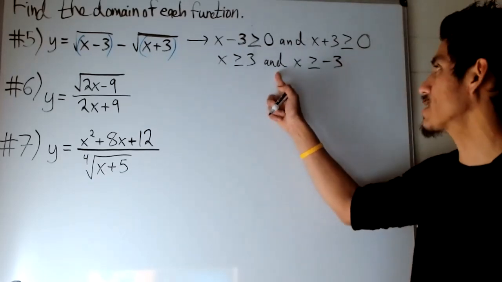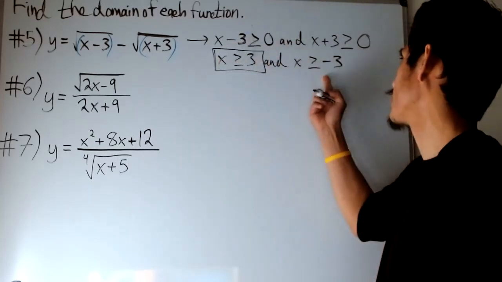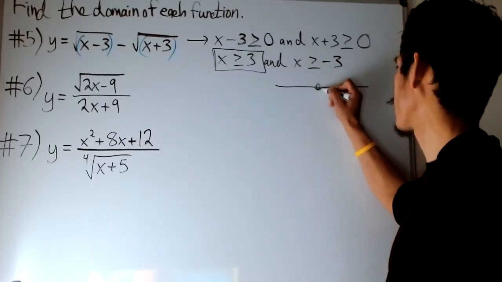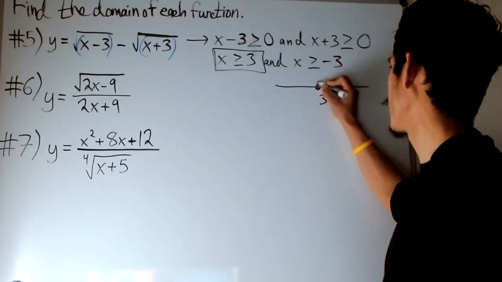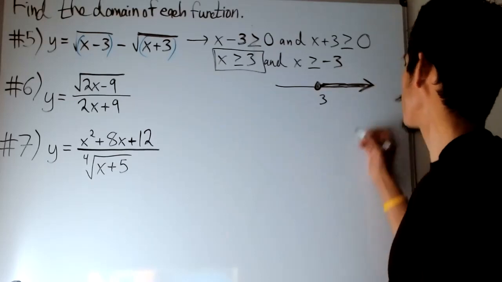So for both of these to be satisfied, x would just have to be greater than or equal to 3, because if it's greater than 3, then it's greater than negative 3. And so on a number line, closed circle on 3, arrow to the right, like that.